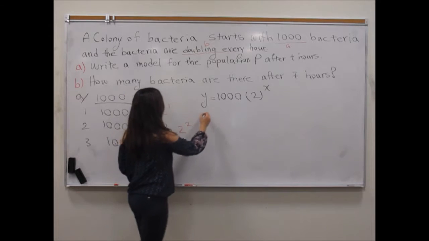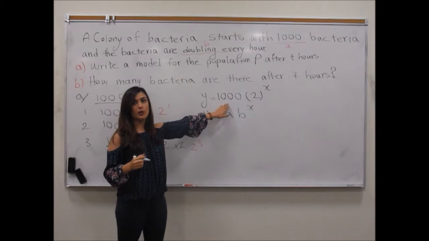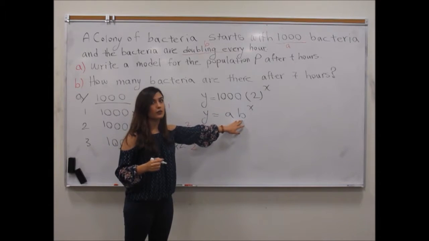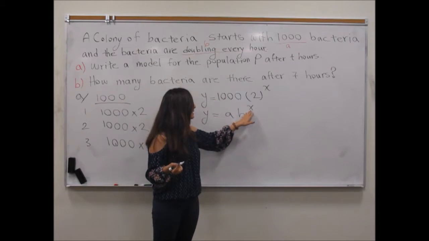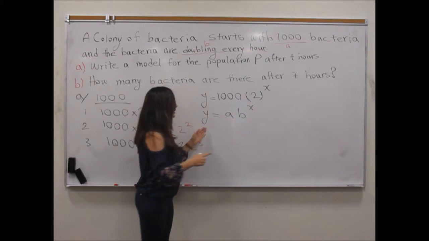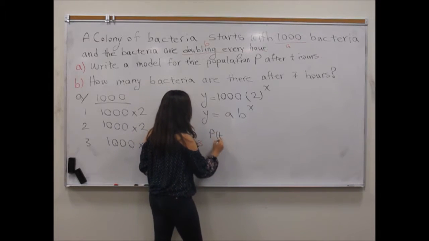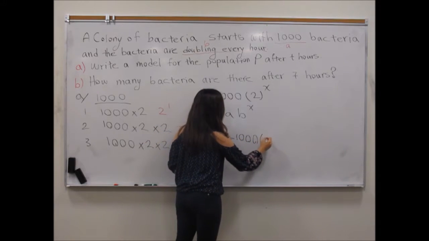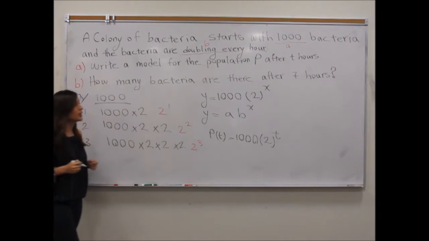Or you can think of it as y equal a times b to the x, where a is the initial amount, which is 1,000, and b is the growth or decay factor, which in this case is a growth factor because they're doubling, and x is just a variable. Then you have to adjust the variables as the question asks. So the population after t hours is 1,000 times 2 to the t. So that's it for part A.